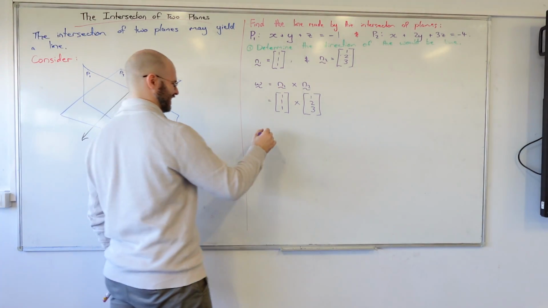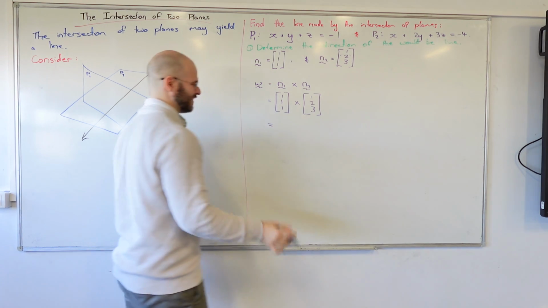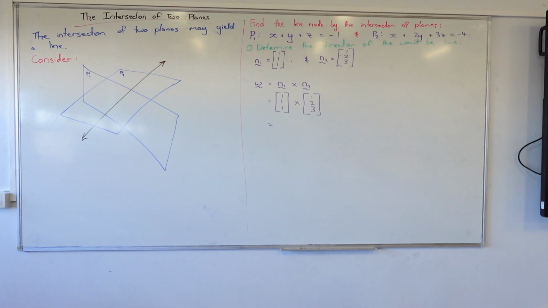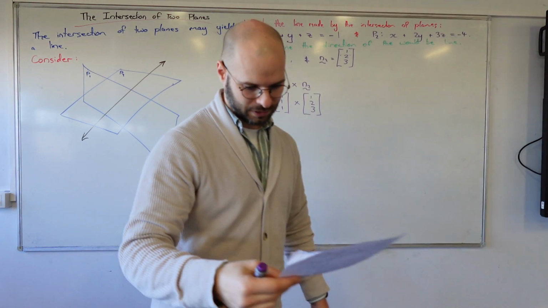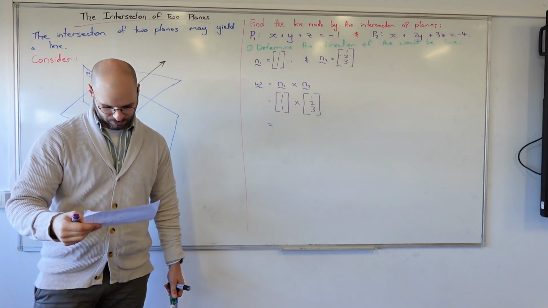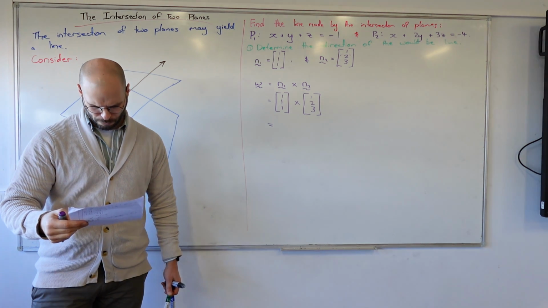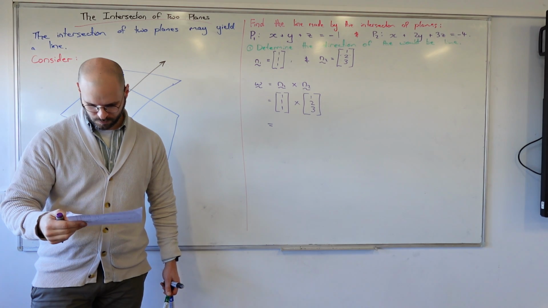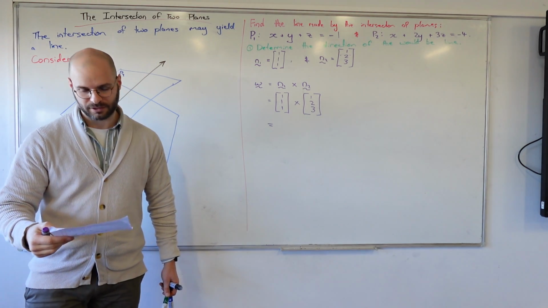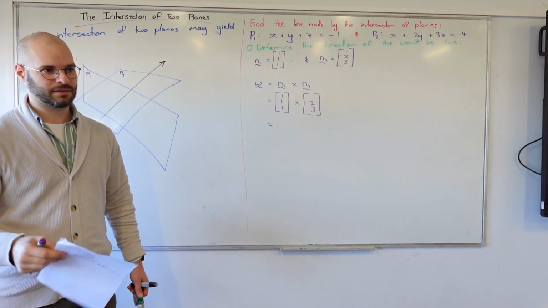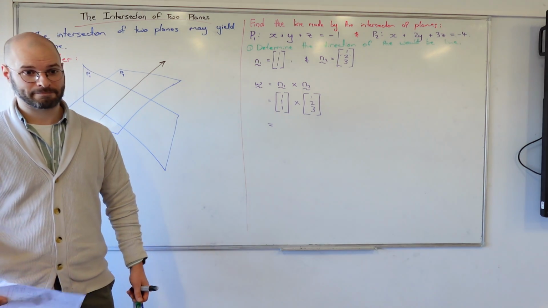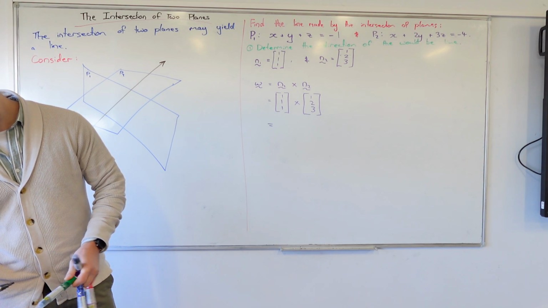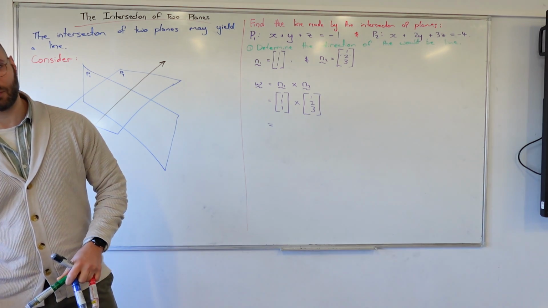The orthogonality. Okay, so if we compute the cross product of these two vectors, we can put it in our calculator, and what we're going to discover is that we get the value 1, negative 2, and 1.